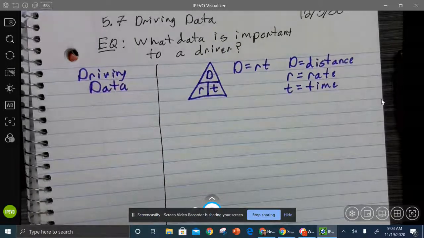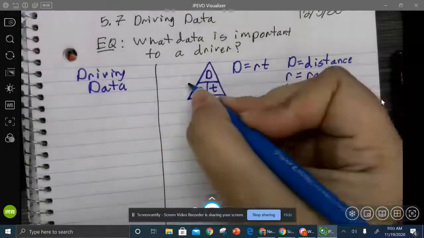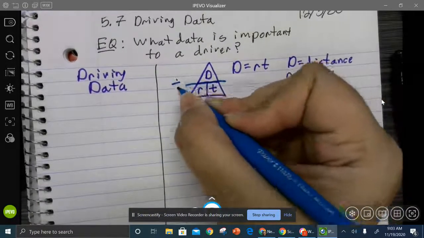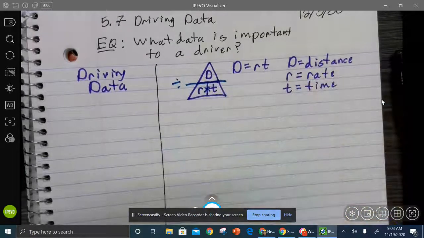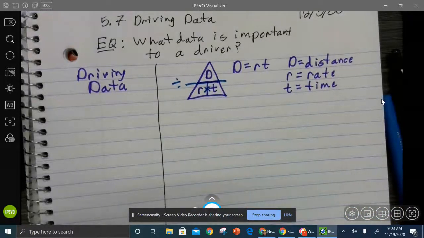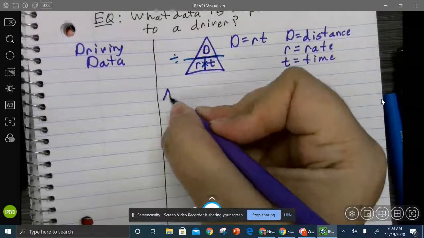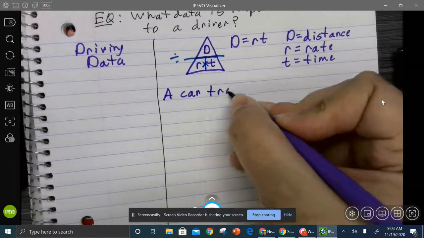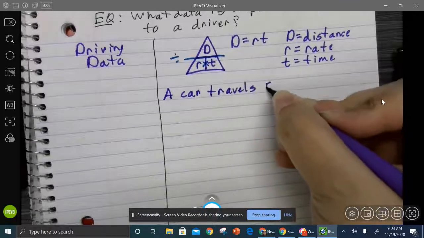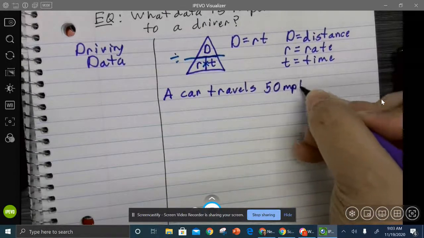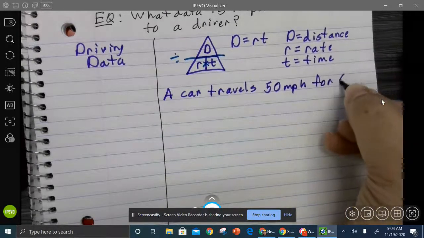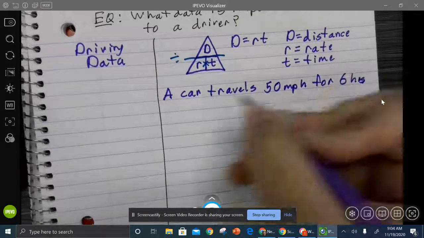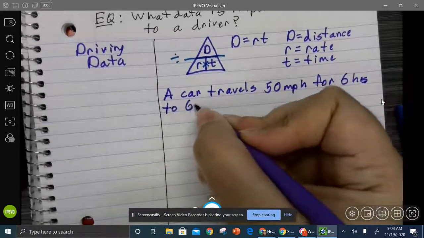So for this, it's going to be like this, divided by. Let's do an example. A car travels 50 miles an hour for 6 hours to the Grand Canyon.